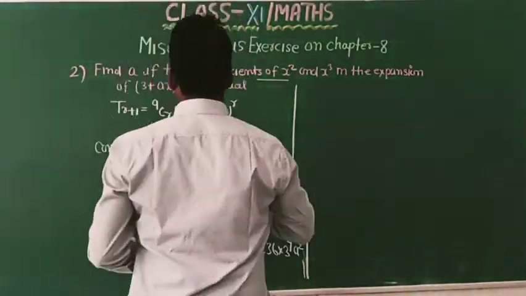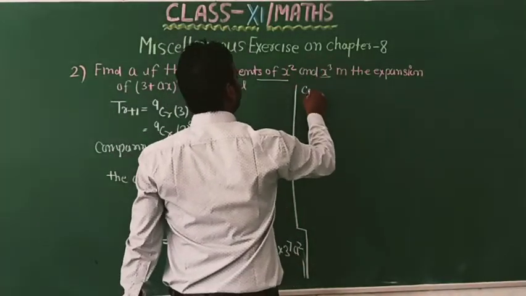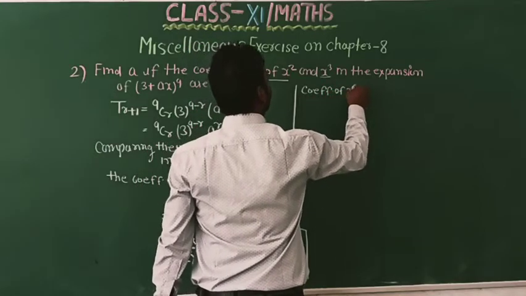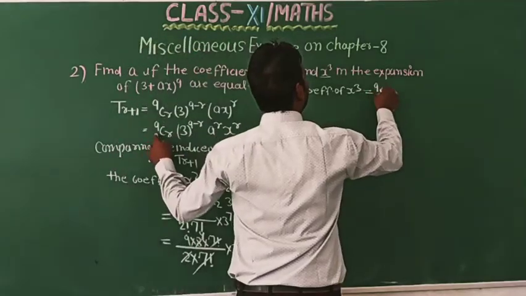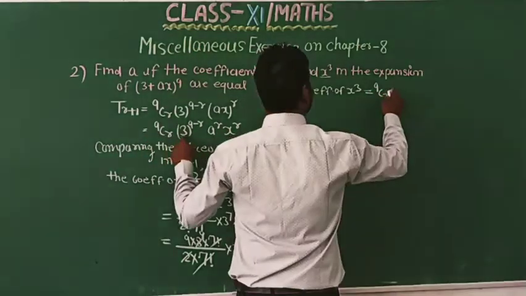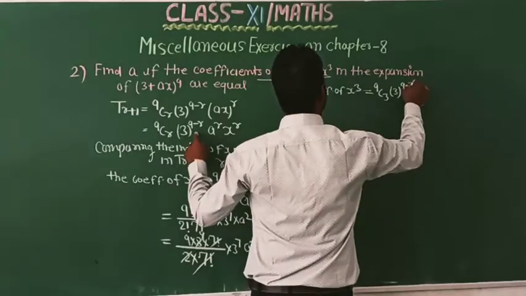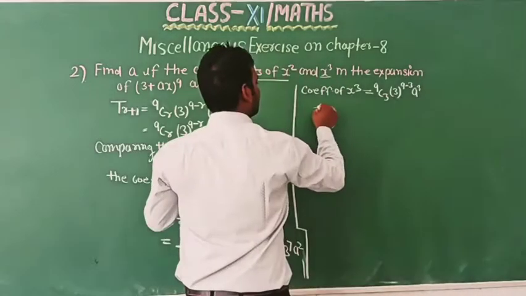And similarly the coefficient of x to the power 3 equal to 9C3, 3 to the power 9 minus 3, a to the power 3. Now simplify.